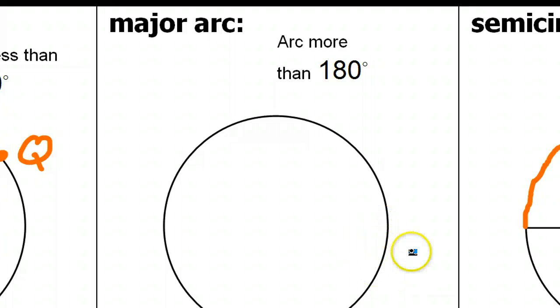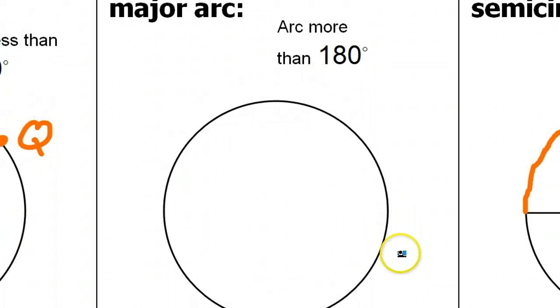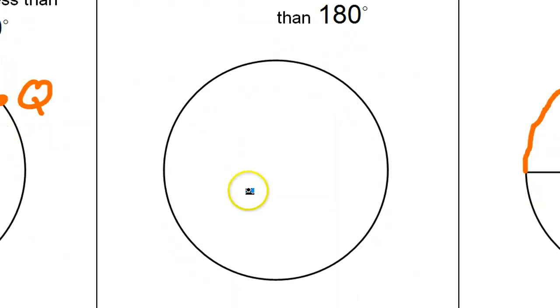Now, a major arc is an arc that's greater than 180 degrees. So I could have an arc that went all the way around the circle like this. It's still a minor arc. Right about here it hits about the semicircle area.